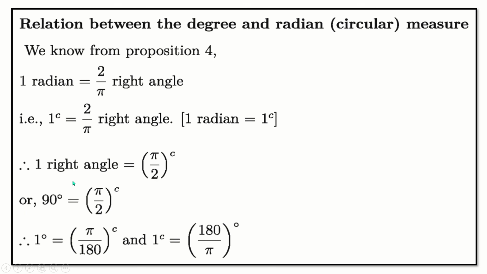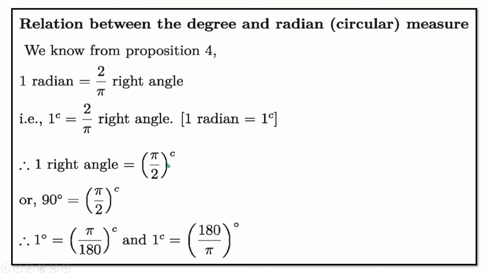Therefore, as 2 by pi right angle is equal to 1 radian, 1 right angle is equal to pi divided by 2 radian, converting it to the other side. As this is in the form of multiplication, when converting it to the right side, it will be division, so the numerator will be the denominator and the denominator will be the numerator.